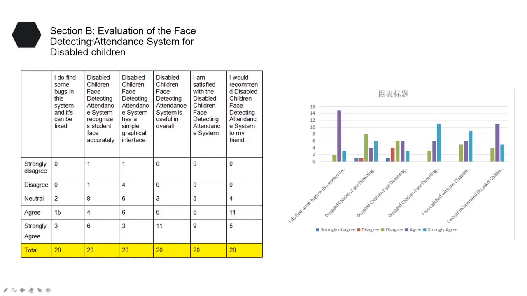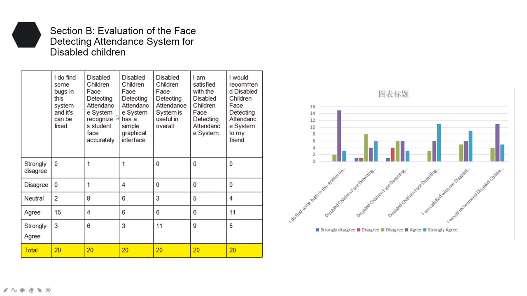And for section B, evaluation of the face detecting attendance system for disabled children, I create a table to show there are six questions. I did find some bugs in this system, and they can be fixed.